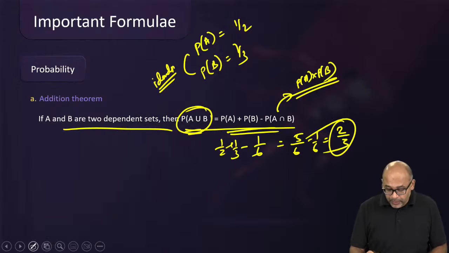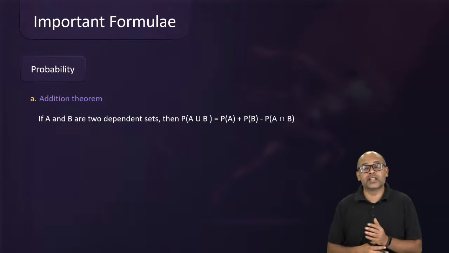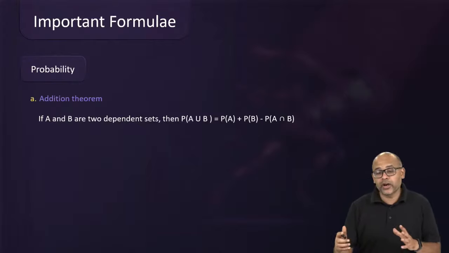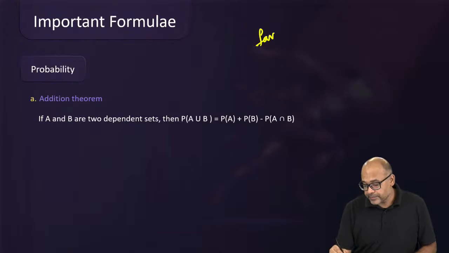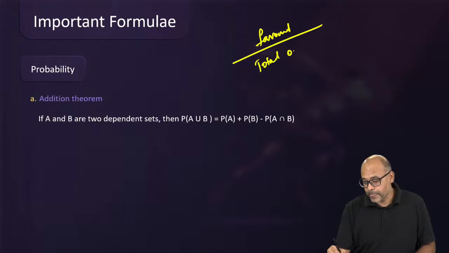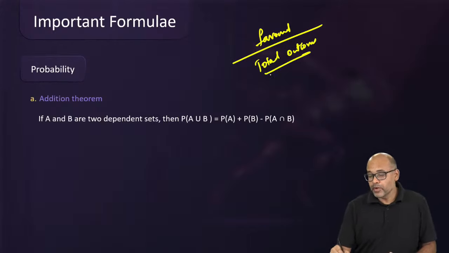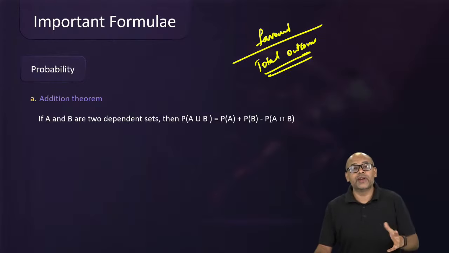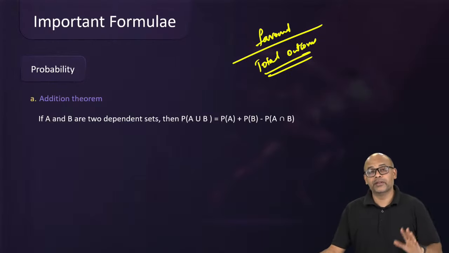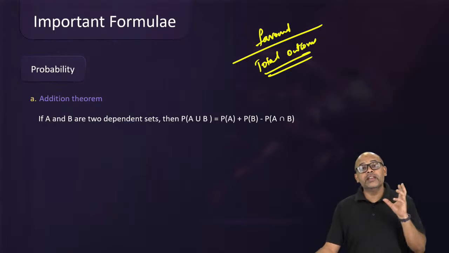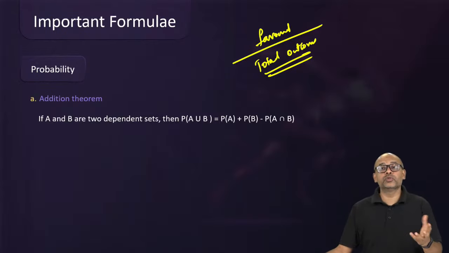Another way of dealing with probability, which is not directly with respect to sets, is the idea of favorable outcomes by total outcomes. A probability is asked when an event is about to happen. For any event whose outcome is not known, you are supposed to find the probability.